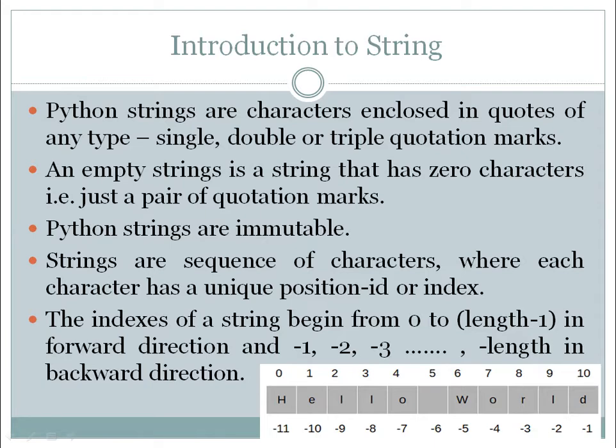So you must understand that each character in a string has two indexes, one forward index and one backward index. The forward index starts from the first character and the backward indexing starts from the last character. Clear? The same type of indexing is followed in the remaining two data types, that is list and tuple.